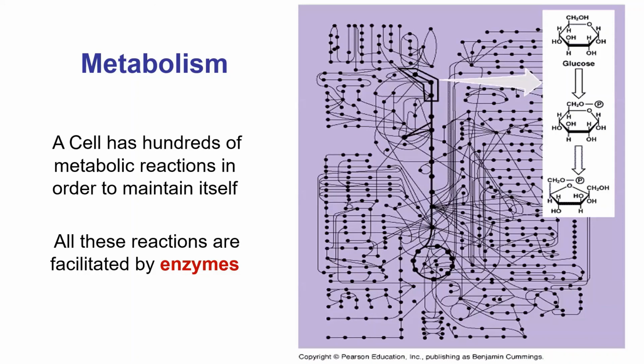This little pathway starting at this point is glycolysis, and then we've got the citric acid cycle, which you may know as the Krebs cycle. That's just one set of reactions in the cell. Almost all these reactions are catalyzed by enzymes, so it's important that we talk about what enzymes are and how they work. That will be the next topic.